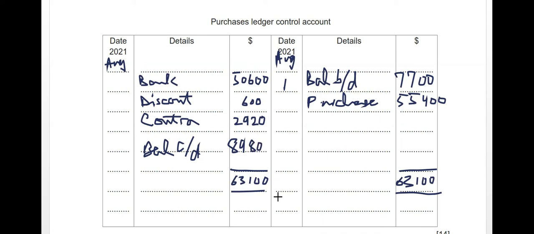Now this balance CD will go down as a balance BD. We need to show that, as the question also clearly asked us to do so. So balance BD 8980. Now again, this balance BD is a credit balance, so purchase ledger control account closing date credit balance is 8980.